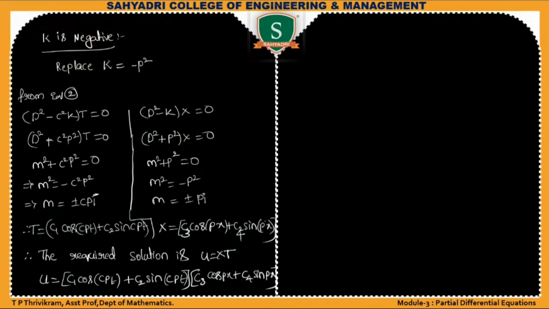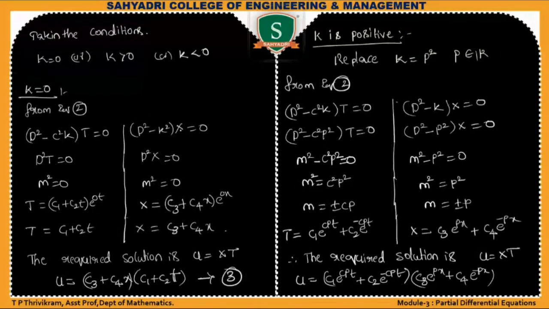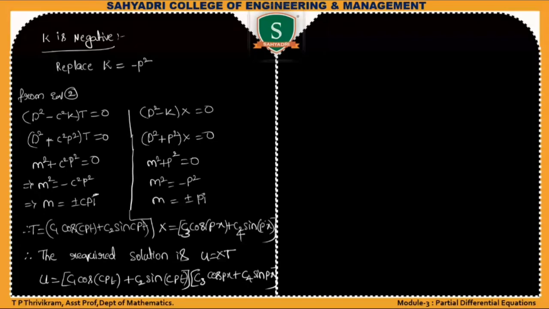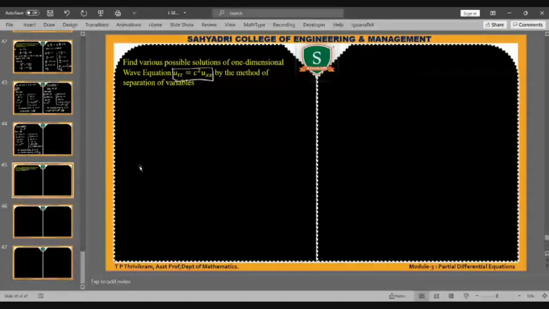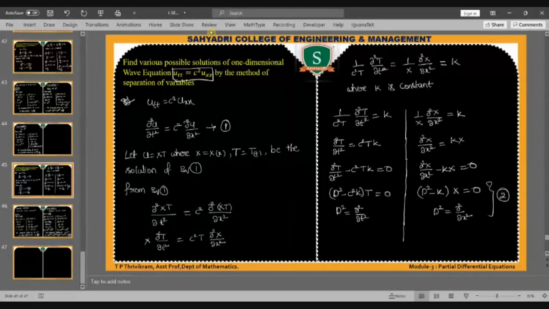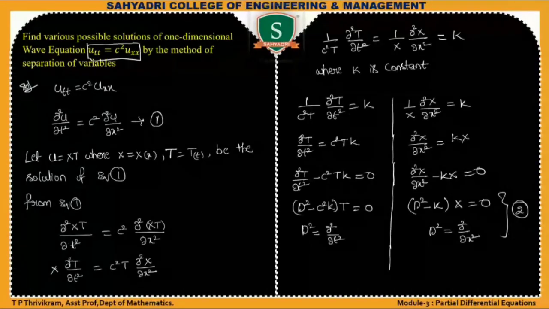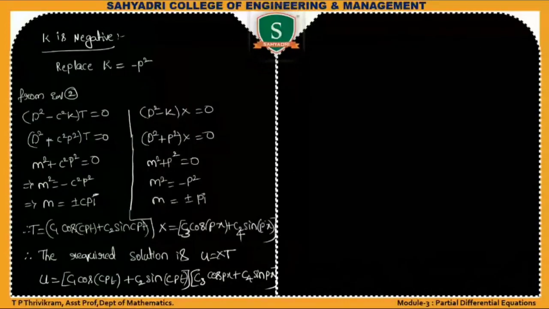So these are the solutions when k is positive, k is negative, and k equal to 0. Here we get the exponential solution and the trigonometric solution. Take this as equation 4, and take this as equation 5.